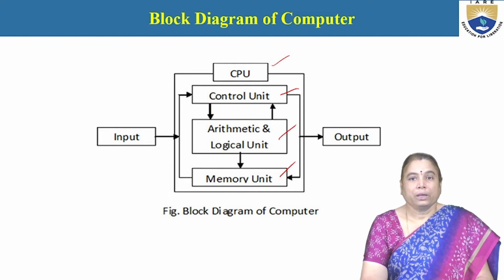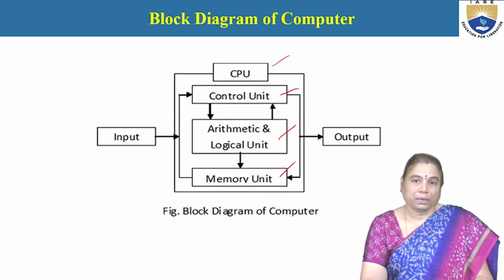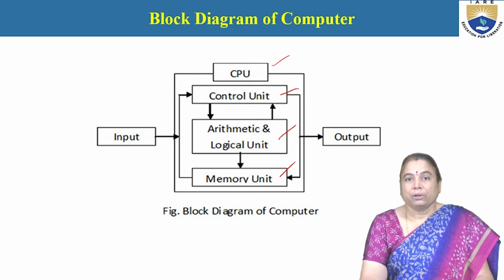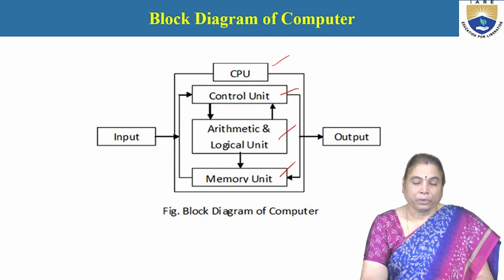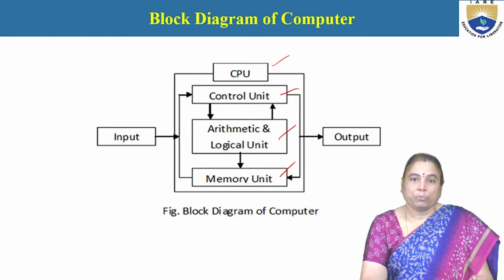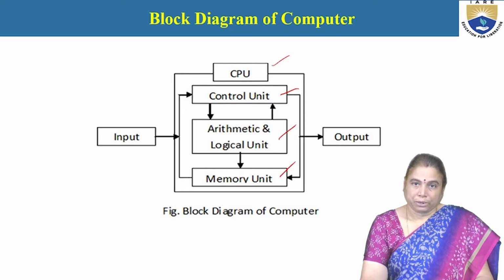RAM is again categorized into static RAM and dynamic RAM. The ROM can be categorized into maskable ROM, PROM, EPROM, EEPROM. So RAM is random access memory which can support both the read and write operation, but the ROM can support only the read operation.